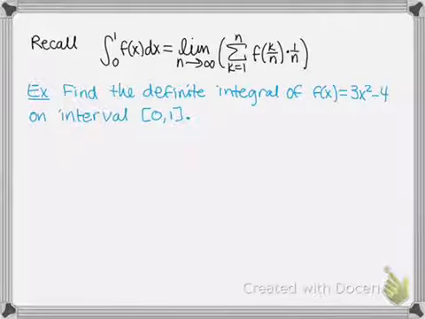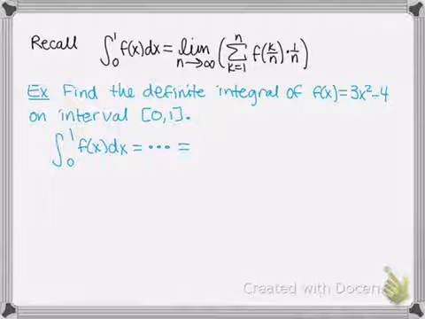Typically what I would have you do is substitute it into the summation first and then evaluate the limit. We're going to skip the steps because you have homework on it. When you evaluate the limit as n goes to infinity, you get -3.